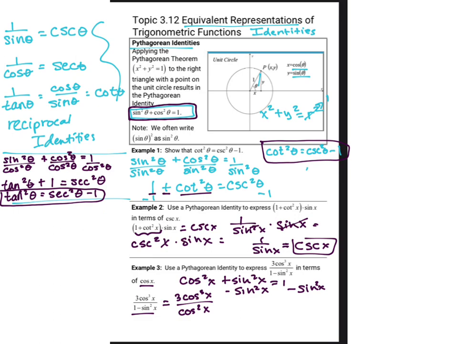Well, now I have 3 cosine cubed x over cosine squared x. That's a cosine, cosine, cosine on top and a cosine, cosine on bottom. So what cancels? Right. How many are we going to have left? I'm going to keep 1 on top. And my answer here is going to be 3 cosine x.